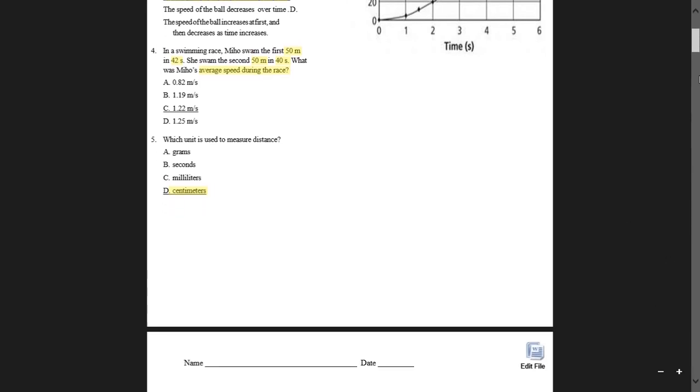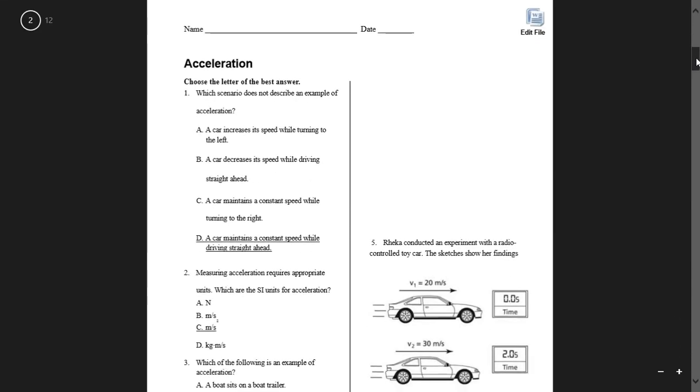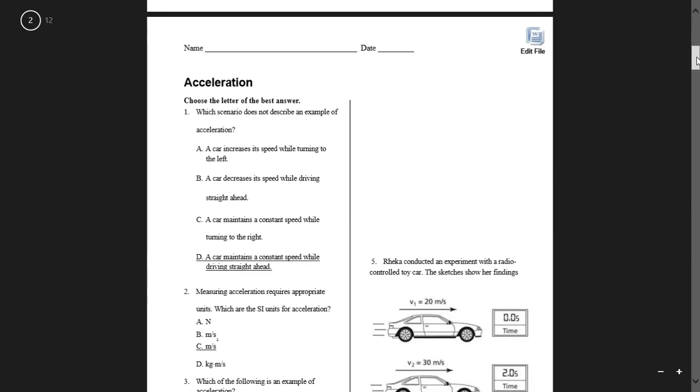The next page, acceleration, the second lesson in our curriculum. The meaning of acceleration: you must know that it is the change in the speed during time. If the speed doesn't change, there is no acceleration. We have types of speed.